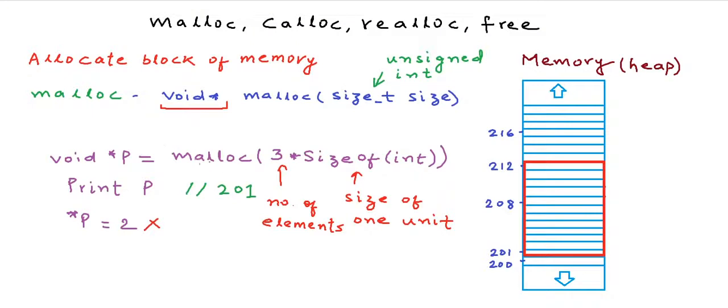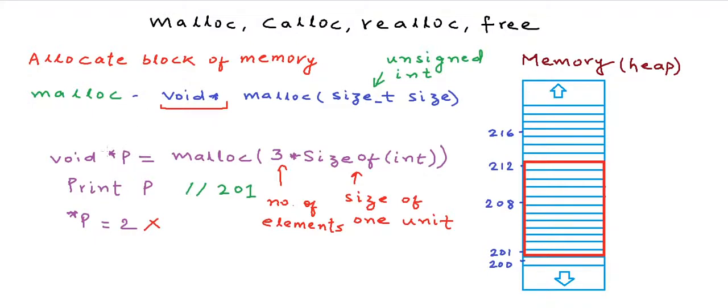Because malloc itself is a generic function to allocate some number of bytes in memory in the heap, it does not care whether you are allocating this memory to store a character or an integer or any other data type. It simply returns a void pointer to the starting address. To be able to use this block of memory, we first need to typecast this void pointer into a pointer of some data type.